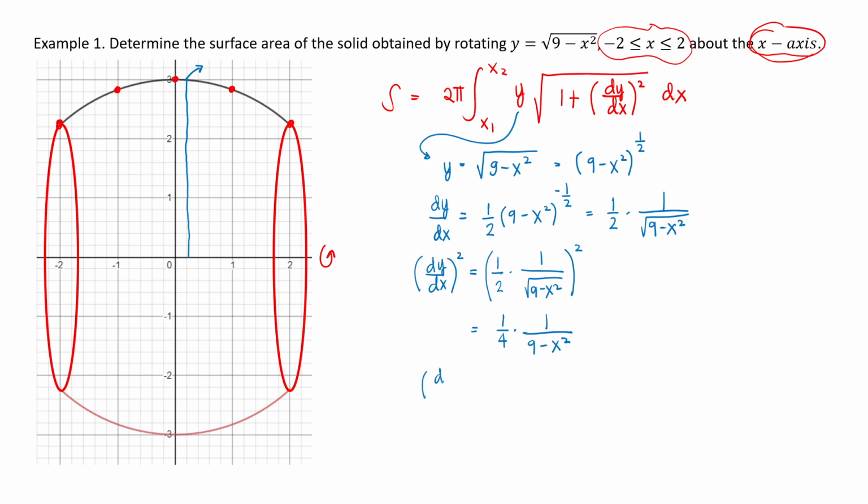So dy over dx is equal to 1/4. So pwede rin siya 1/4 times 9 minus x squared.